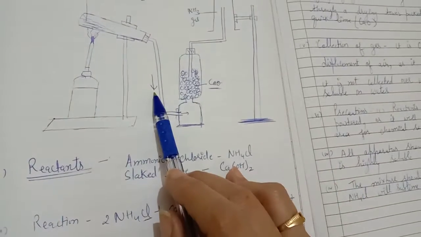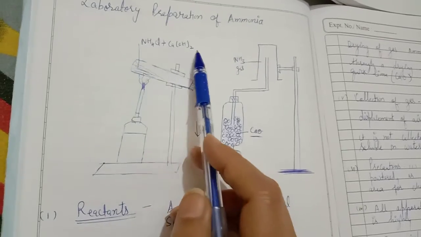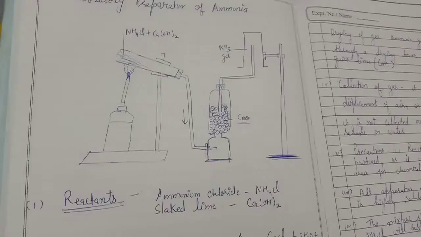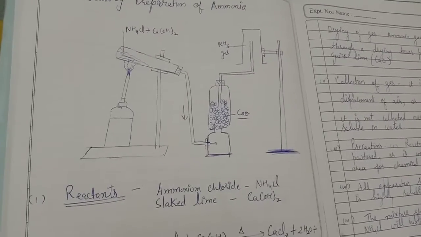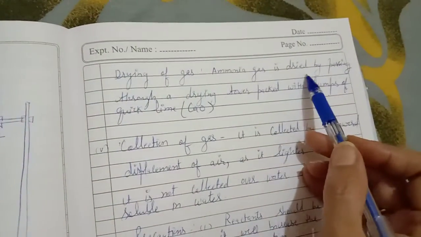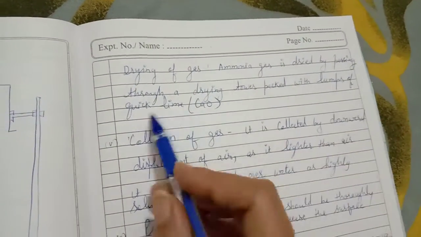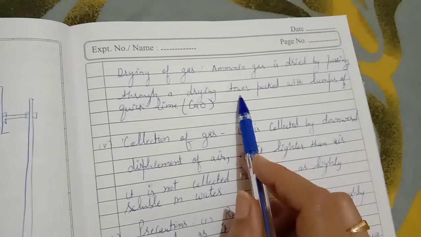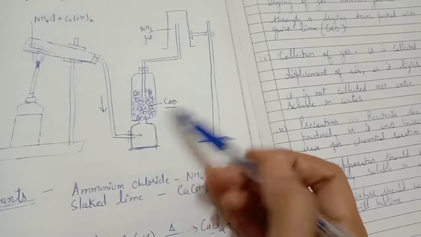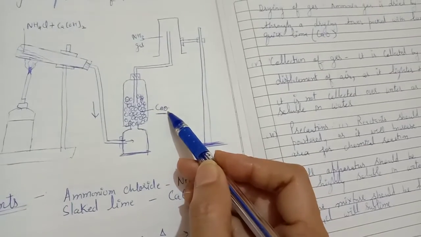The gas produced by the reaction of ammonium chloride and calcium hydroxide is ammonia. The drying of gas takes place in another container, so the gas will be dry. Ammonia gas is dried by passing it through a drying tower, which is shown here. It contains calcium oxide.